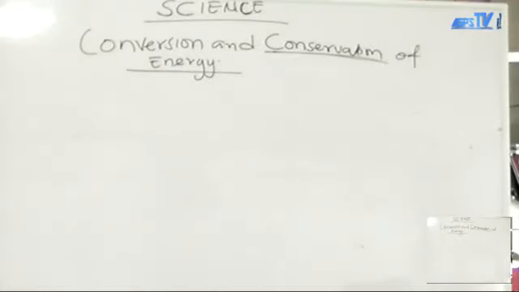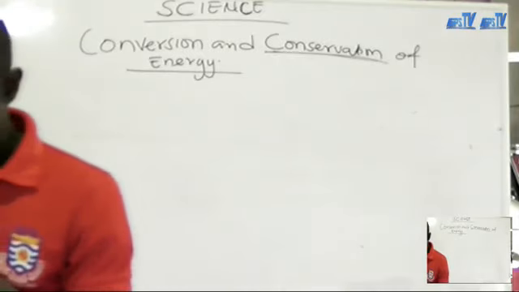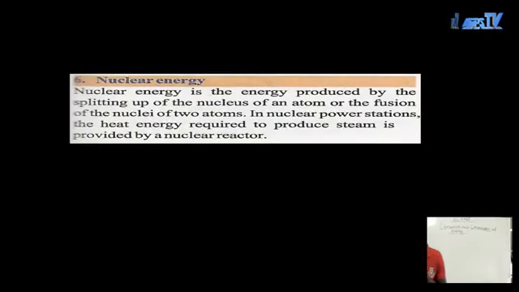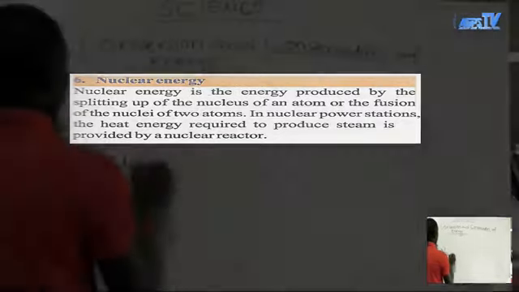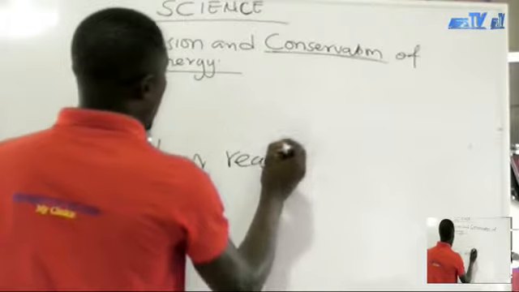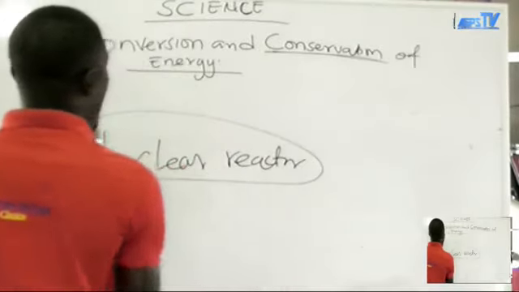In nuclear power stations, the heat energy required to produce steam is provided by a nuclear reactor. This one is very important. For example, the uranium metal.